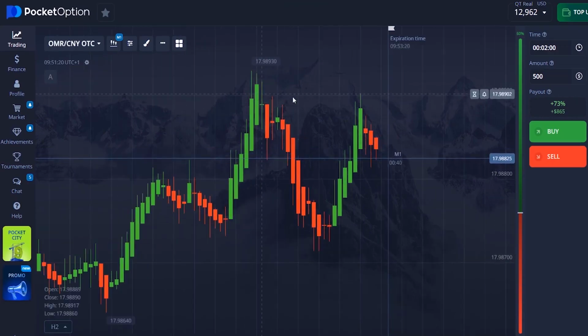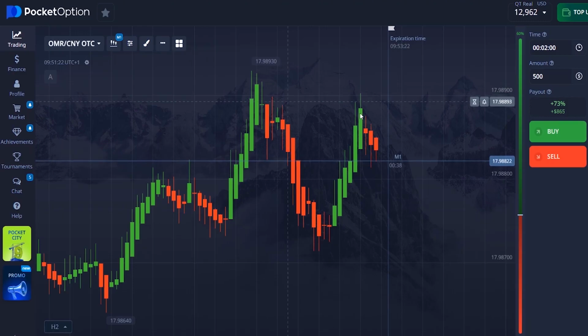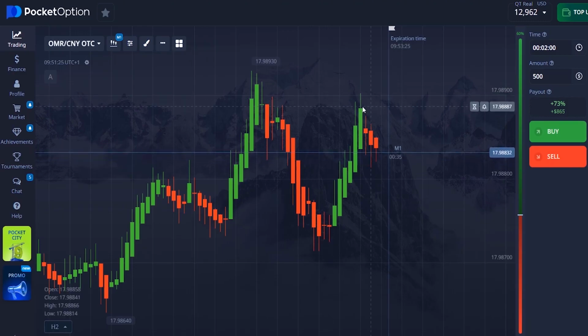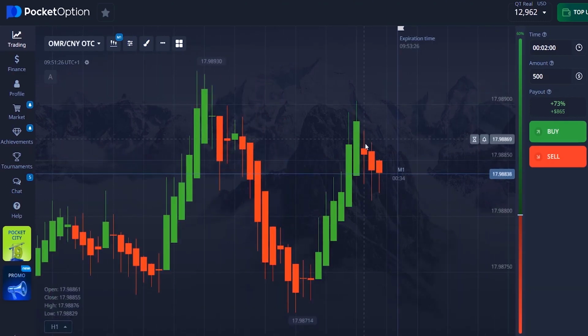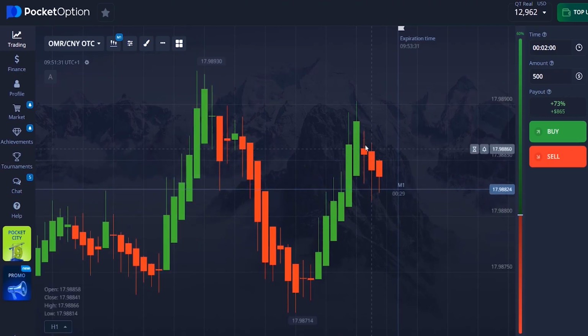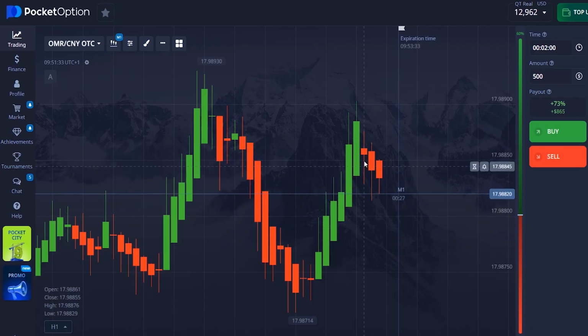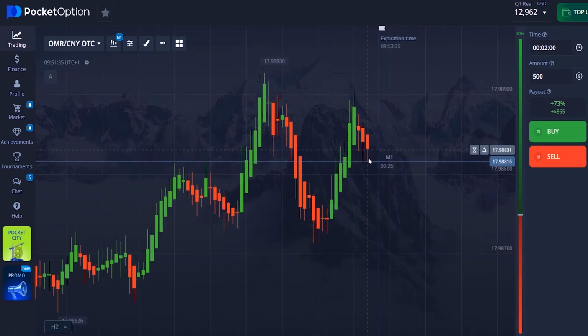Right here, this is a resistance level. And right at this point, this is a reversal candlestick pattern. I really want it to be a stronger candlestick to confirm my entry level, because right here I'm finding more of a pin bar.